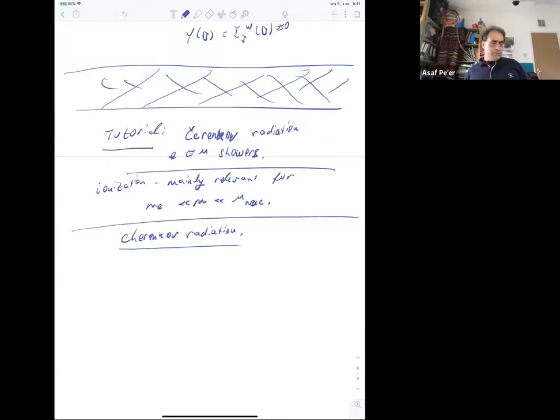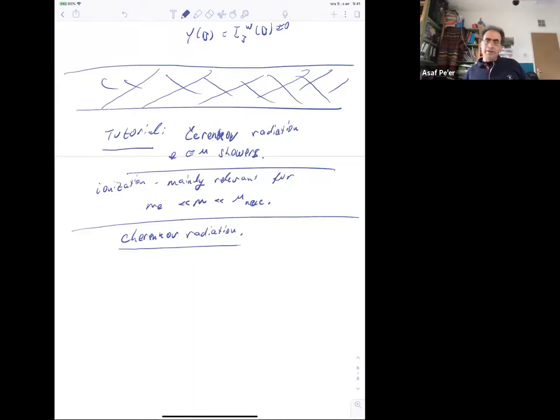Now, generally, these photons create destructive interference, and so we're not seeing any radiation emitted out of this material, unless the particle moves at a velocity faster than the velocity of light in the material. That means the velocity is of course smaller than the velocity of light in vacuum, because nothing can travel faster than light in vacuum.